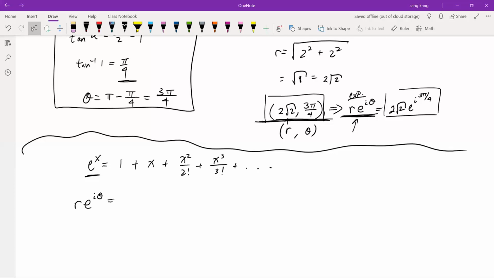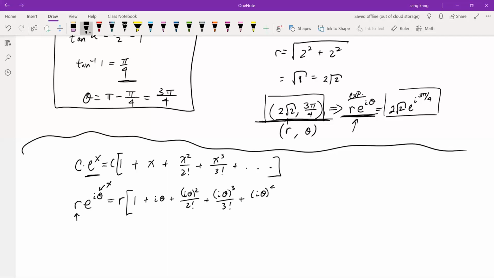We can multiply this r out front of this whole series. So I'll have this r out front, and now instead of x, I'm going to replace x with i theta. So 1 plus i theta, plus i theta squared over 2 factorial, plus i theta cubed over 3 factorial, plus i theta to the fourth over 4 factorial, and so on and so forth.